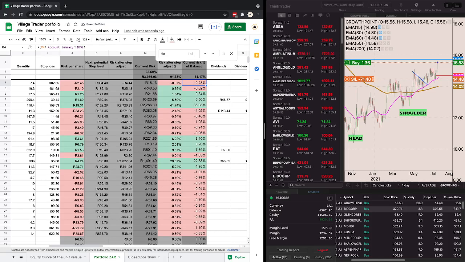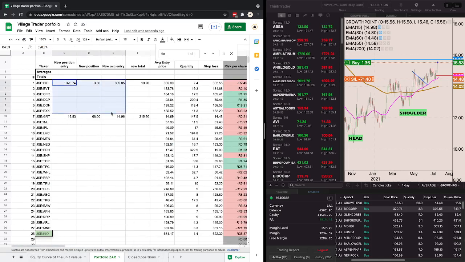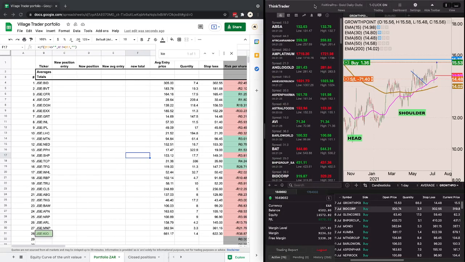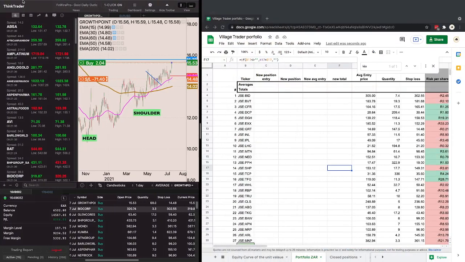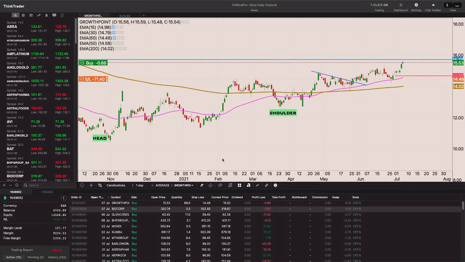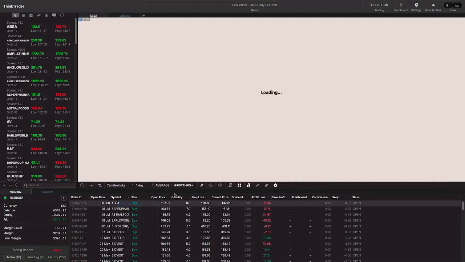So the risk is a little under 1/3% on Bidcorp. So now that that's done, I can get rid of those. That's what I wanted to do. Just quickly do a run-through of my positions at the open, how they're looking.